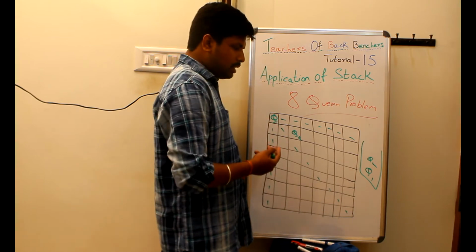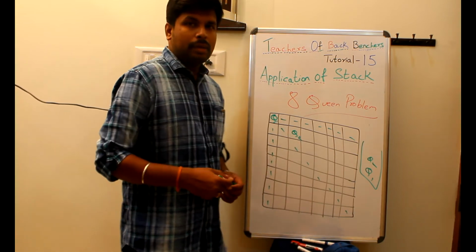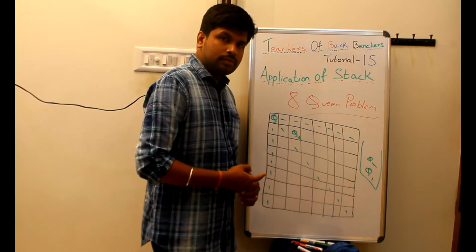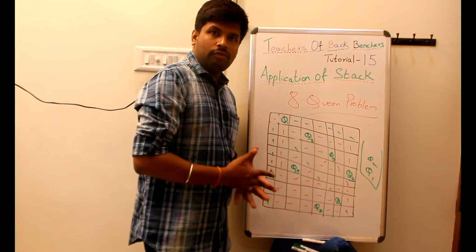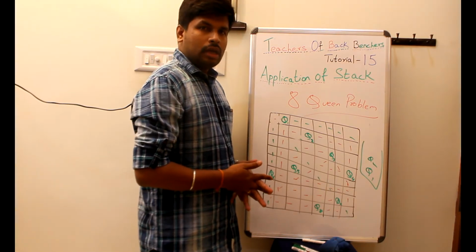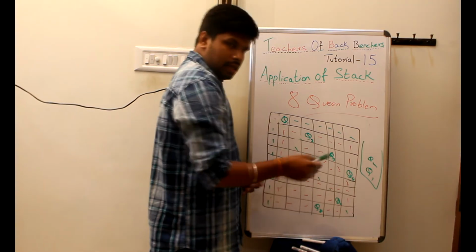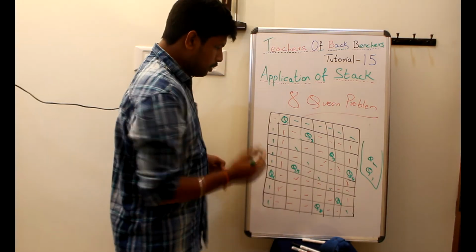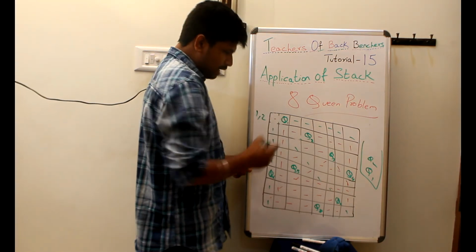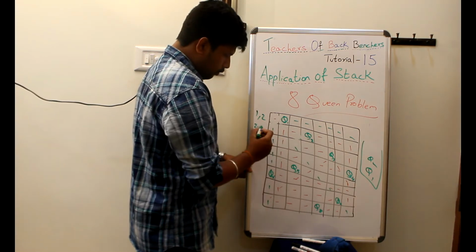Where all the 8 queens are being placed with the help of a stack inside an 8 cross 8 matrix. This is the final solution of the 8 queen problem, which is an application of stack, and it can be easily remembered with the keywords of rows and columns. For example, the first queen is inserted in the first row, second column, and the second queen is inserted in the second row, fourth column.